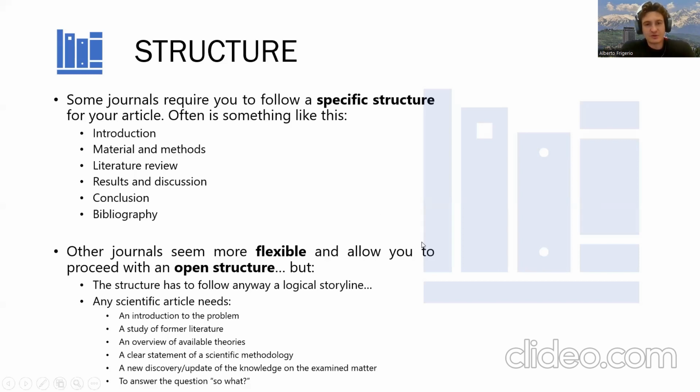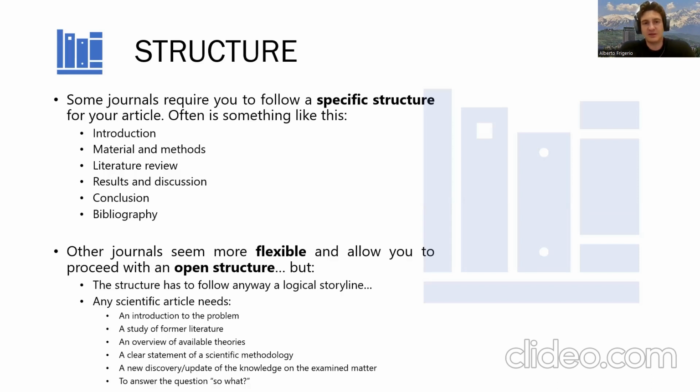And yet there are other journals that allow you to be more flexible, so to propose a more open structure, but anyway, keep in mind that even in such a situation, your article will still have to follow a logical storyline, so there should be a cohesive and logical development of the information that you provide within your article, starting from a research problem till the identification of a final solution, limits, and what has to be done next.